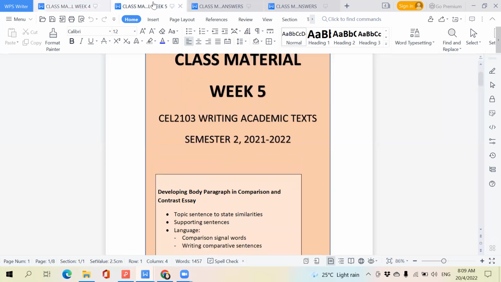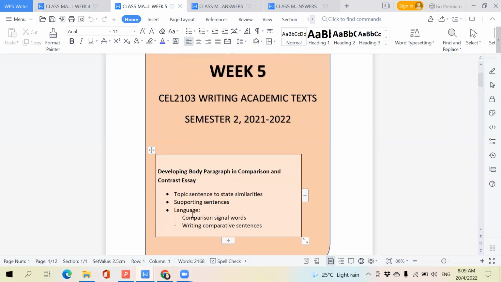So this week kita akan mulakan topik baru, a new topic on body paragraph, where we're going to talk about the topic sentence. What is a topic sentence? And here we're going to talk about how the topic sentence is used to state the similarities. We're going to talk about supporting sentences as well as the language components, which are comparison signal words.